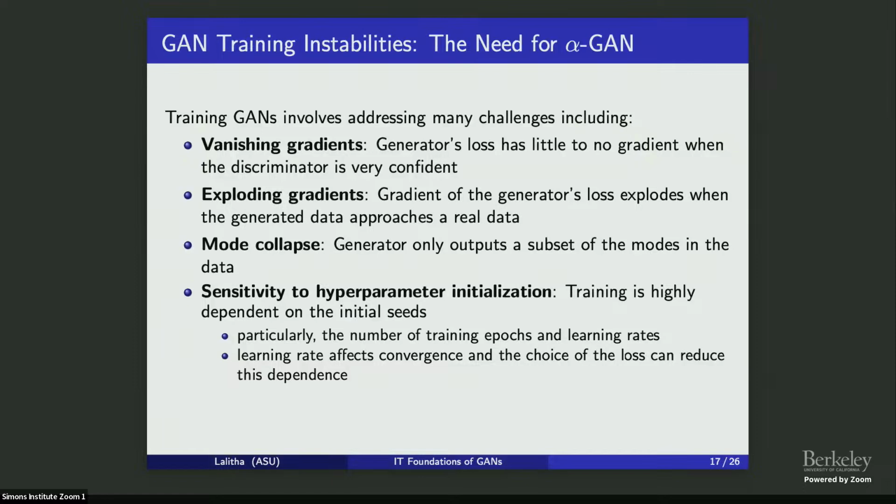That's because of these exploding gradients, right? So it's very dependent on the initial seeds, and in particular the learning rate and the number of epochs. In fact, the learning rate affects the convergence, and if you choose the loss function appropriately, you can reduce this dependence a bit.